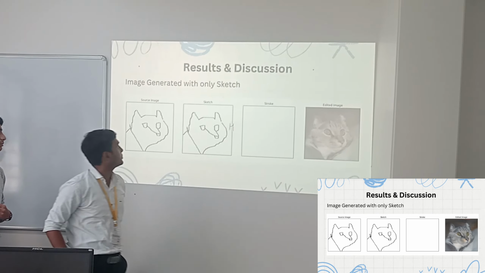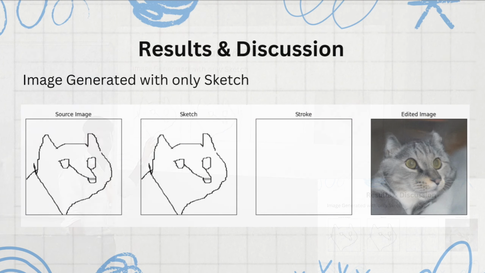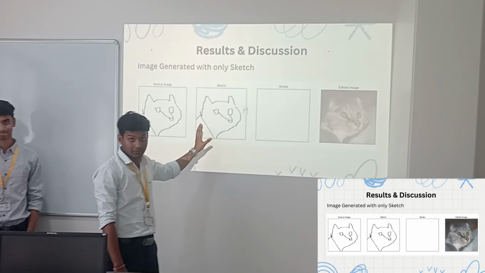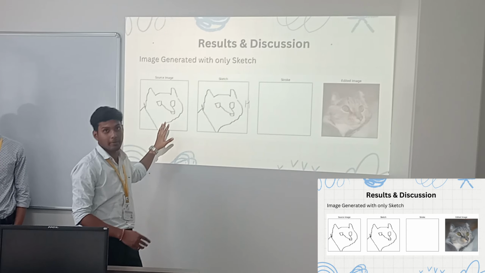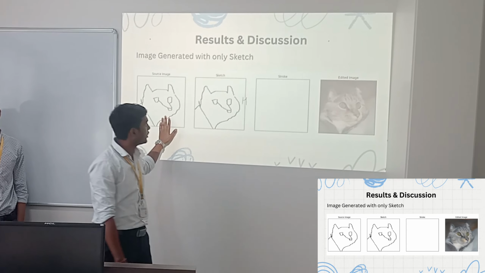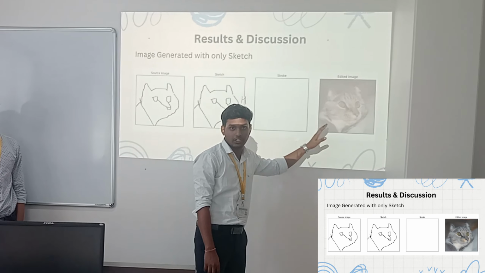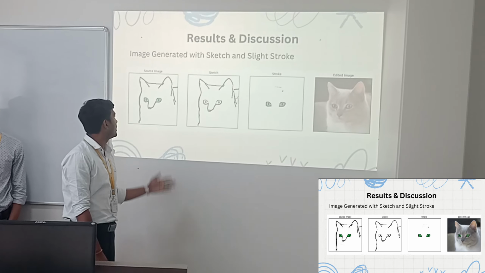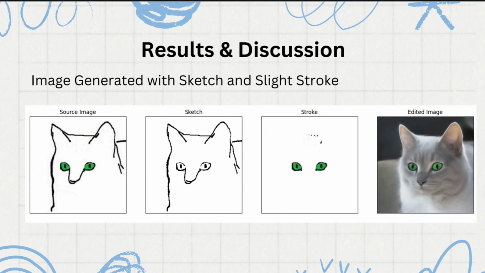So coming to the results, first we provide the sketch, then it extracts the sketch in the sketch block, and if there is any stroke it will also extract it, but here we have provided only a sketch. Based on this sketch, it has generated the realistic image. In this result we have given a sketch and a slight stroke.